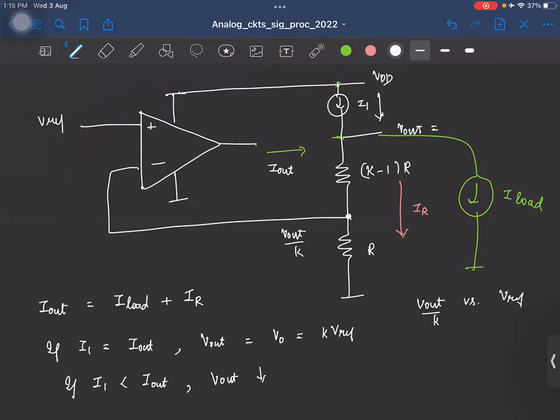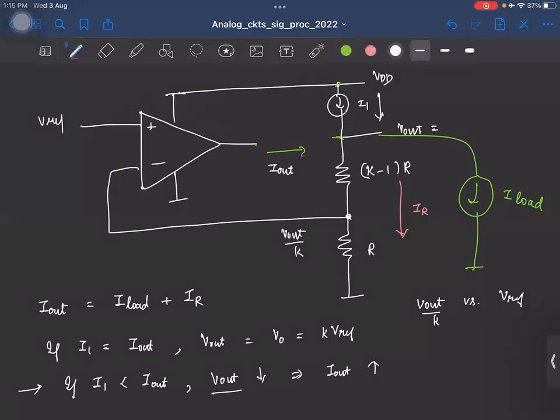Okay. So now if I1 is less than the required current, we know that V out decreases. So what should I do to the current to make V out equal to the nominal value? We need to increase I out. So based on this voltage, again we need to tune this current, right?